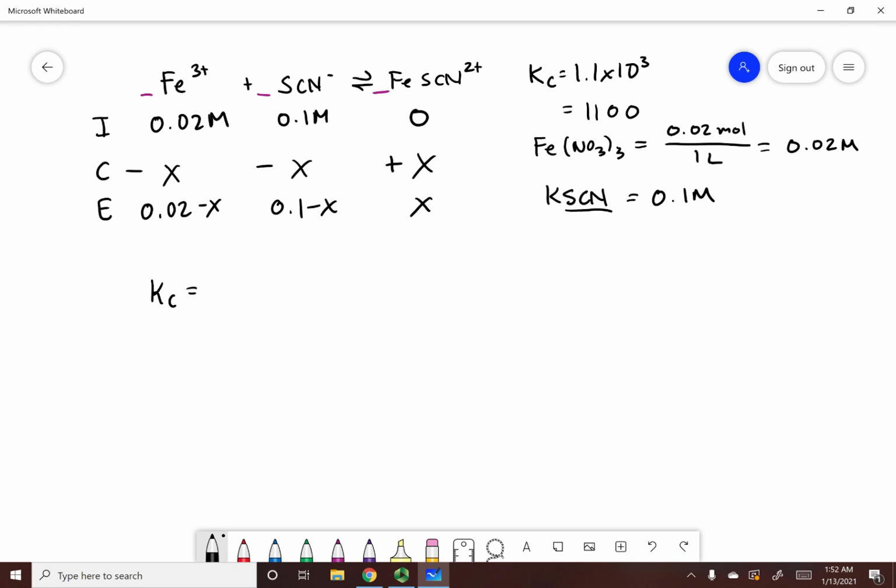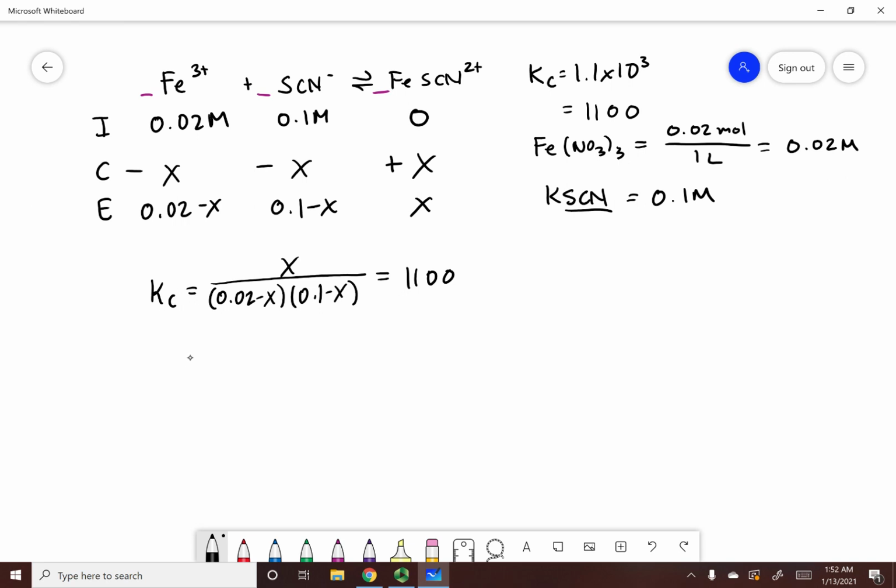So let's put this into the Kc value that we got. Kc is going to be my products, so in this case x, over my reactants, 0.02 minus x times 0.1 minus x. This all equals 1100, the Kc value given to us. Now we're going to do a little bit of math.